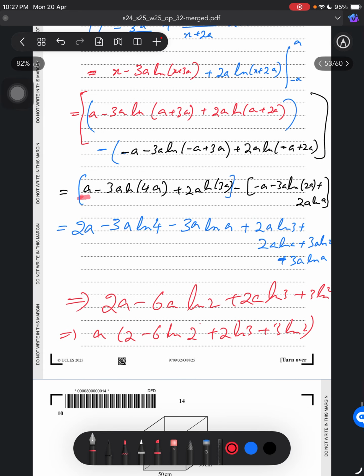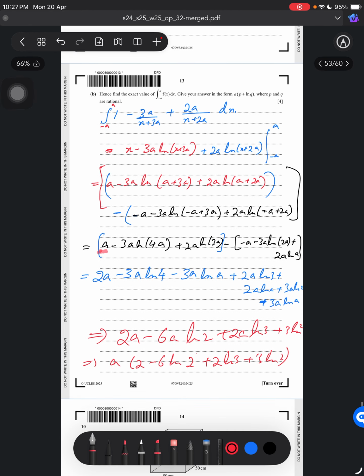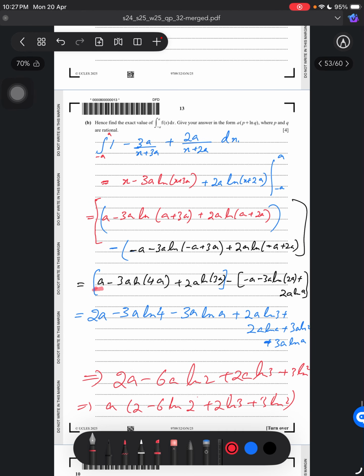And the rest can be simplified by combining it. So that's it.